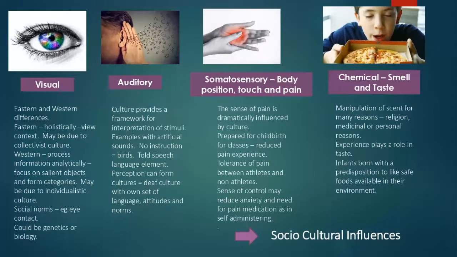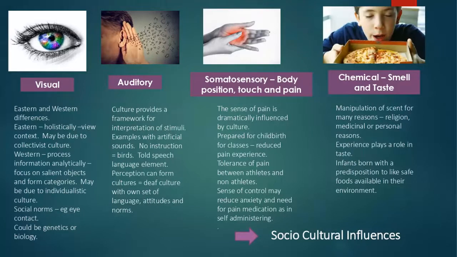The final part in each of the sections is the socio-cultural influences. As much as we have individual differences, there can be differences across cultures. Within vision, there have been shown to be Eastern and Western differences in how people see things.